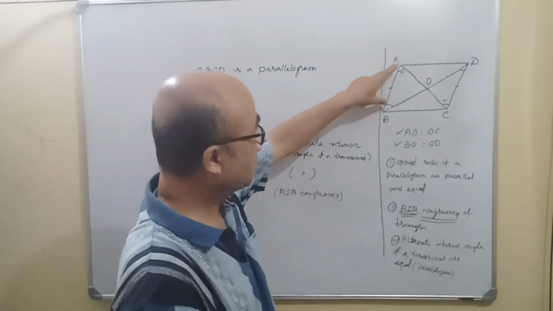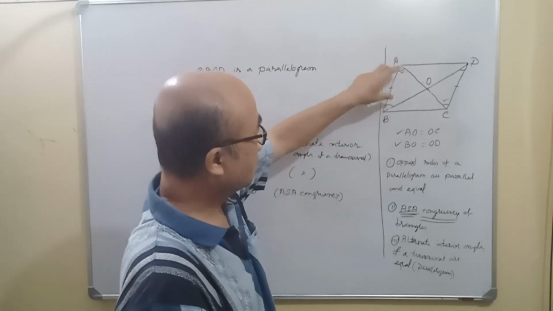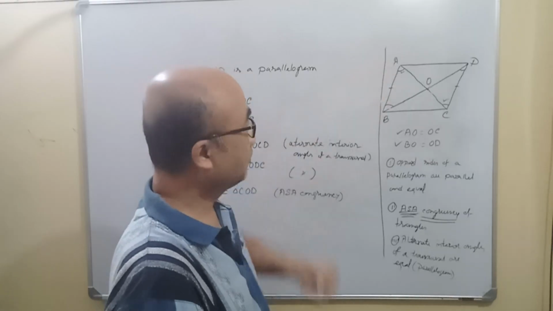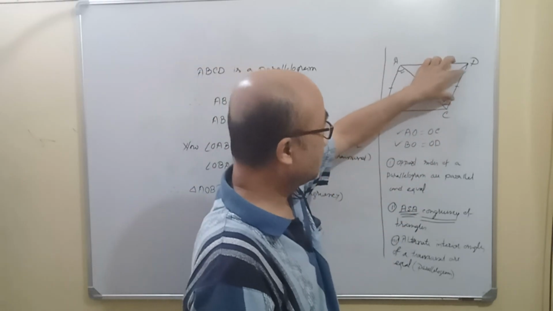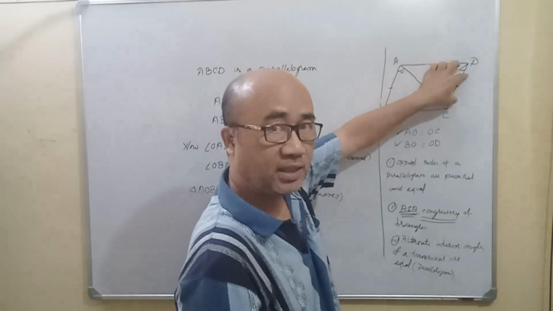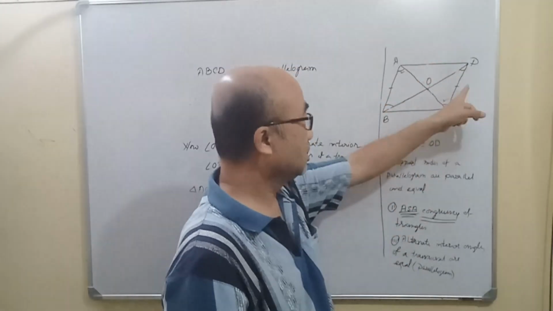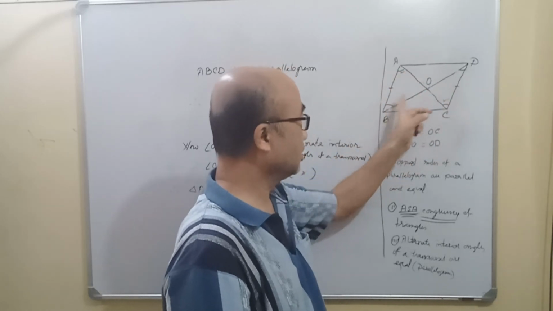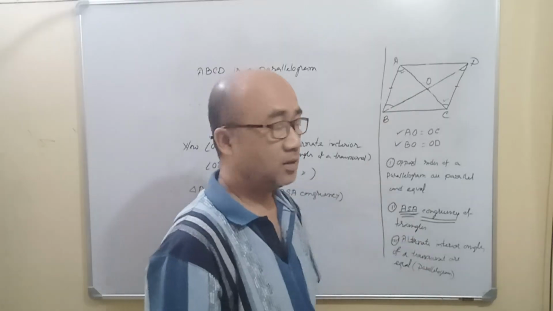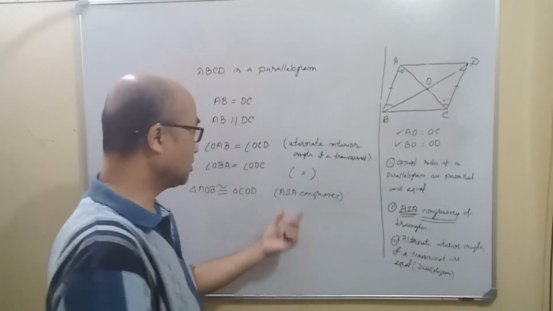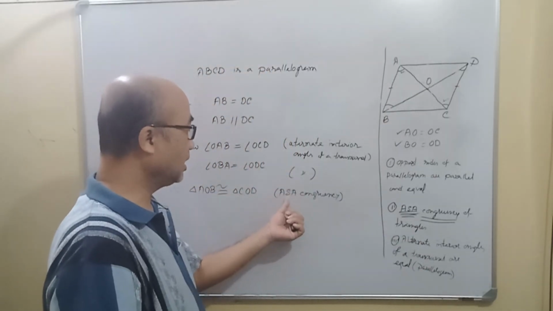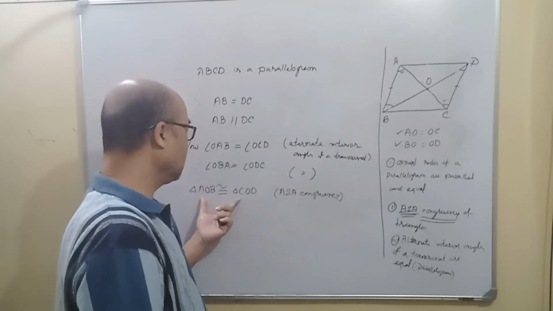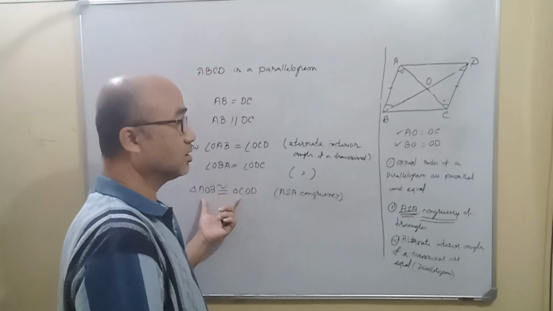Two angles and the included side equal. This one is equal to this one, and this one is equal to this one. So we have the corresponding angles and the side in between equal, so these two triangles are congruent.